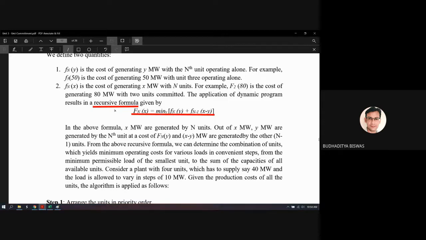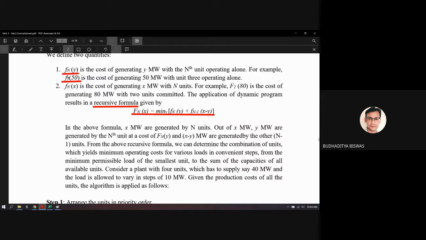So what is this? First is F_n(y). This is the cost of generating y megawatts when the nth unit is operating alone. For example, F_3(50) means the cost of generating 50 megawatts with unit 3 operating alone.